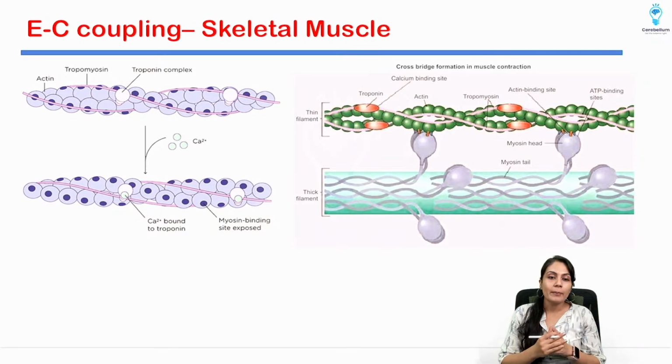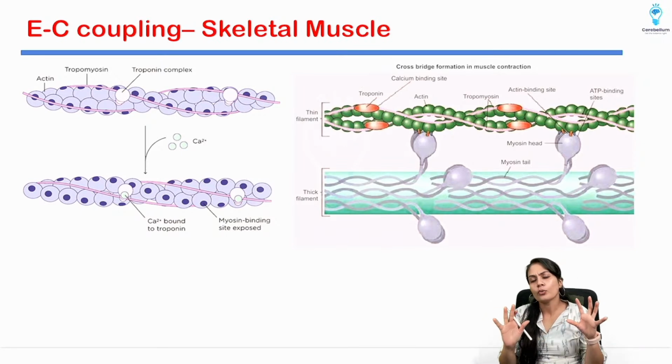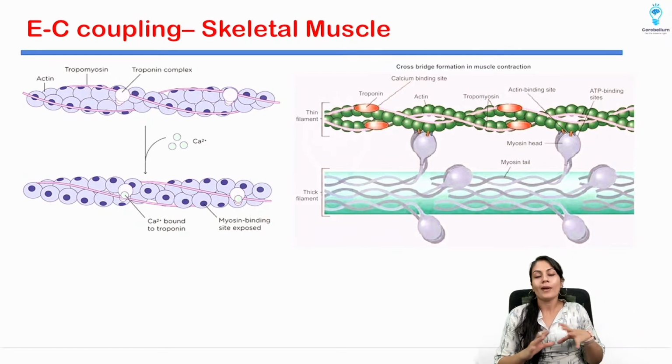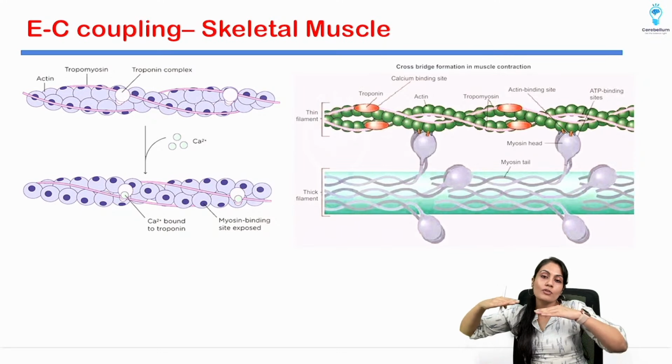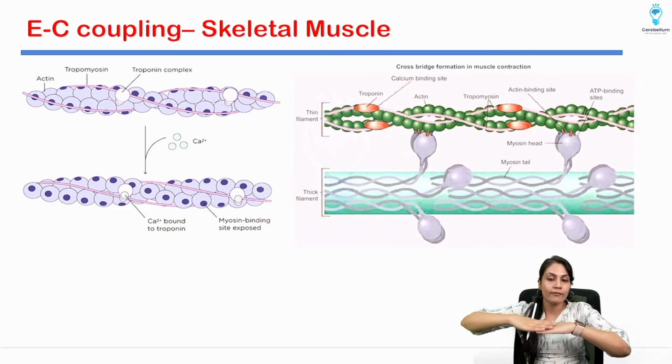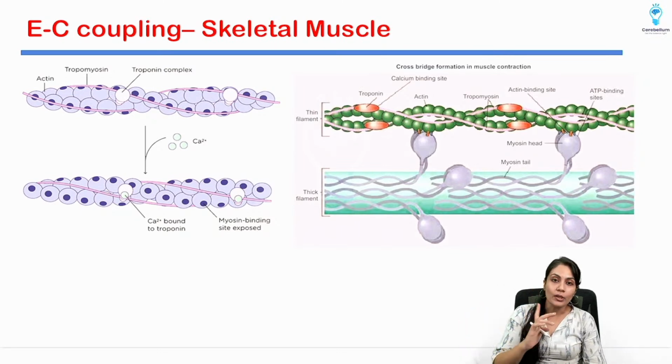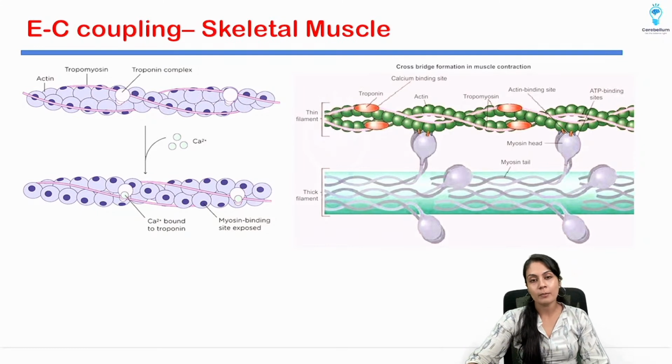So in the sliding filament, what is going to happen? Just for now, remember that there are actin molecule and myosin molecule. One is a thick filament, one is a thin filament. Those thin filaments are going to slide onto the thick filament, okay? And the myosin is masculine. So please remember M for myosin, M for masculine.